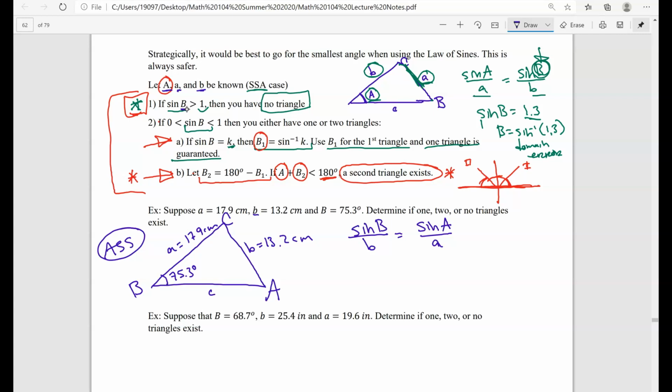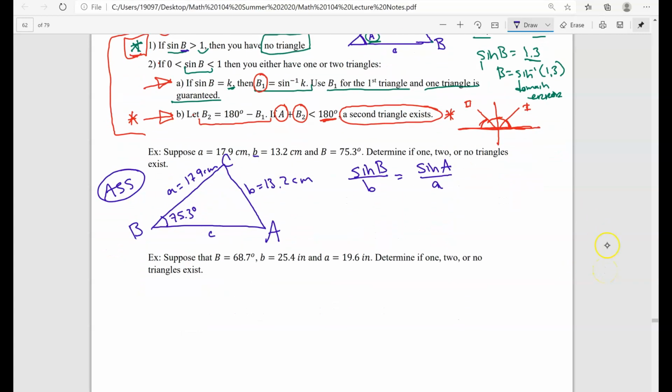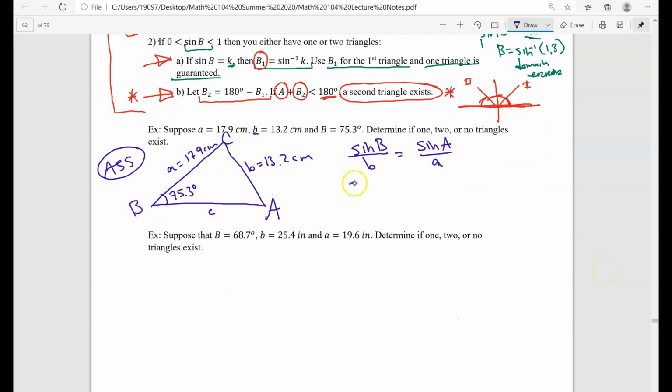I just picked those letters for this example. So we have sine of 75.3 divided by b, which is 13.2, equals sine A, which I don't know yet, divided by little a, which is 17.9.